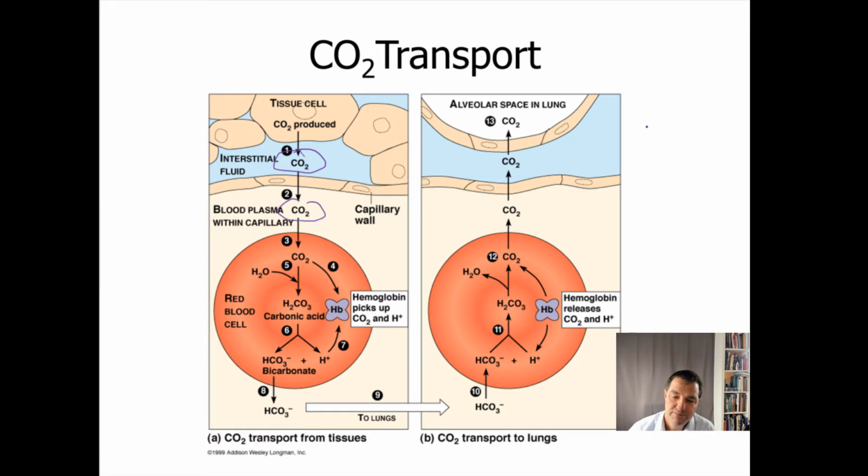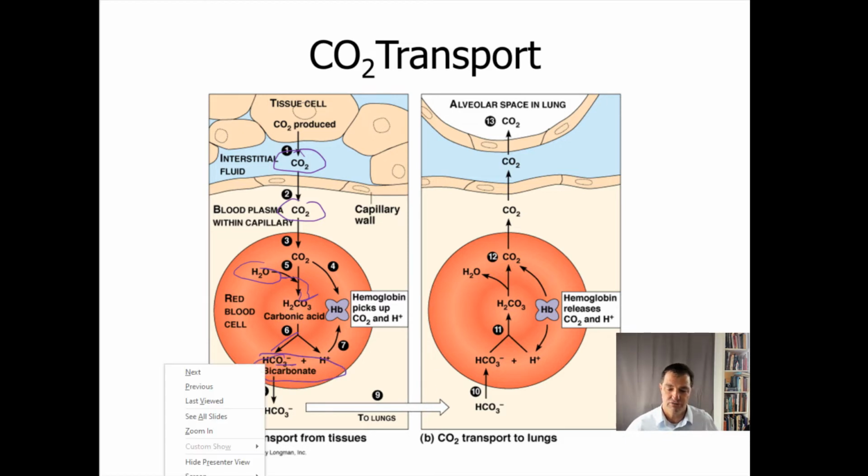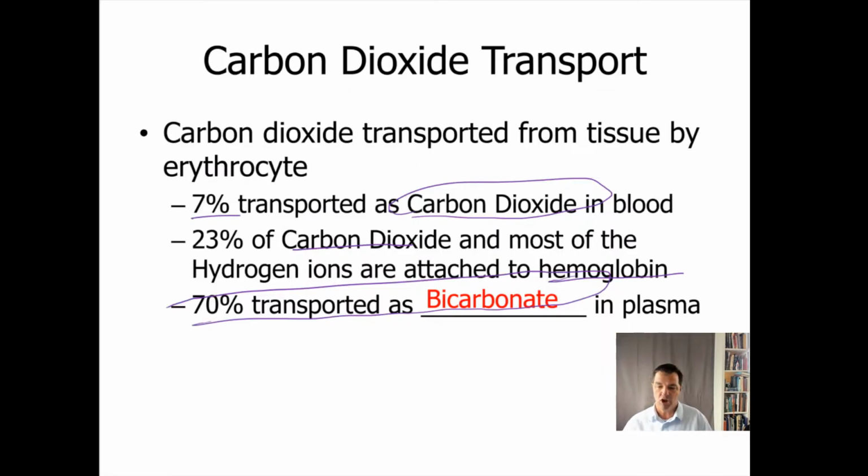My CO2 comes in, and then it can undergo several things. It can react with the water and become carbonic acid and then break down into bicarbonate, like you see there, HCO3, or it can stay as CO2, as you see there. So it can travel in different forms as it reacts with other molecules. So most of it is traveling as bicarbonate.